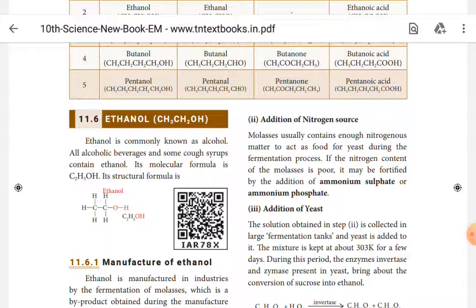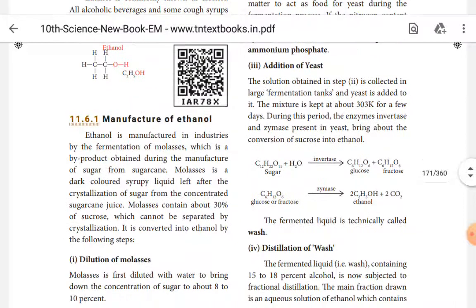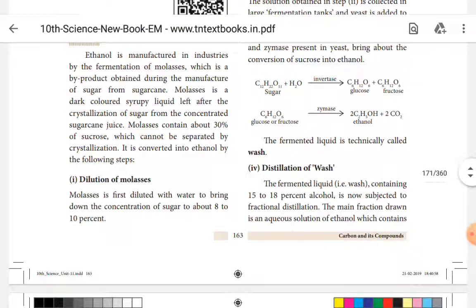Naturally nitrogen matter is there, but it is not sufficient, so artificially it is fortified by the addition of ammonium sulfate or ammonium phosphate. Then this solution is taken in the fermentation tank and yeast is added. The temperature is maintained at 303 Kelvin. During this period, invertase acts upon sugar molasses and converts it into glucose and fructose. The zymase acts upon glucose and fructose, converting them into ethanol and carbon dioxide.